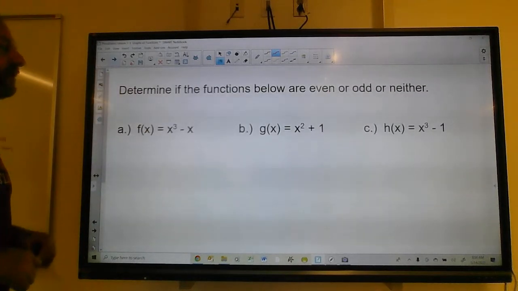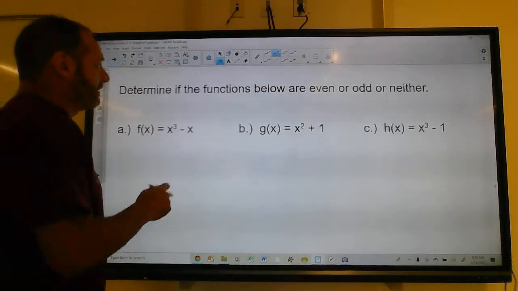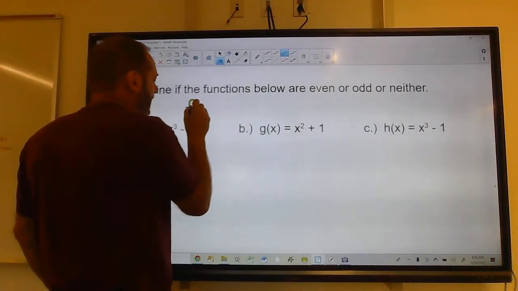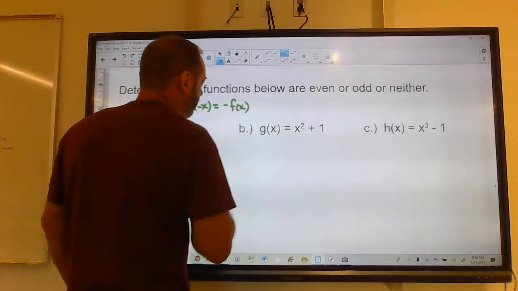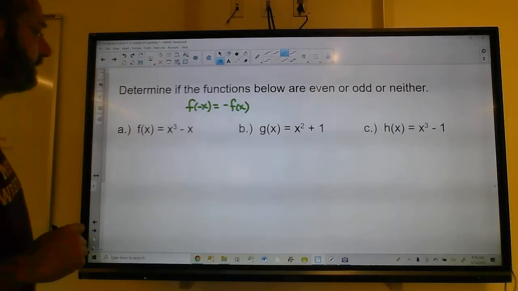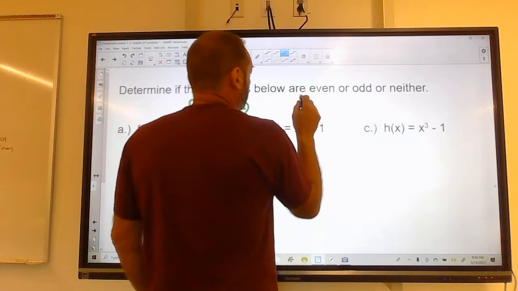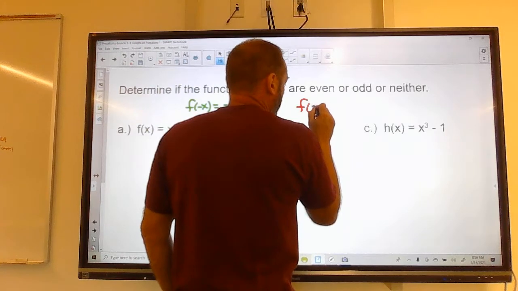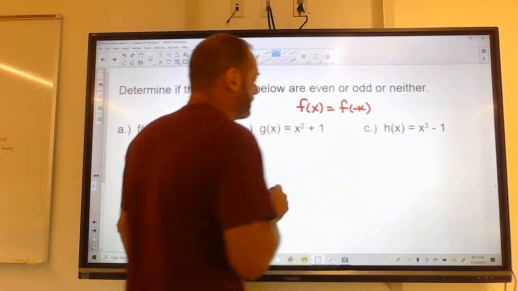Determine if the functions below are even or odd or neither. Okay, so remember I have a couple of rules. I have a rule that says f of negative x equals negative f of x. And then I also have the other rule that says f of x is equal to f of negative x.